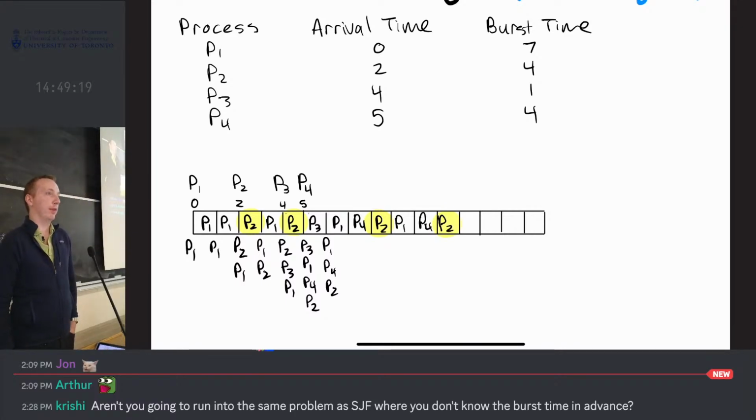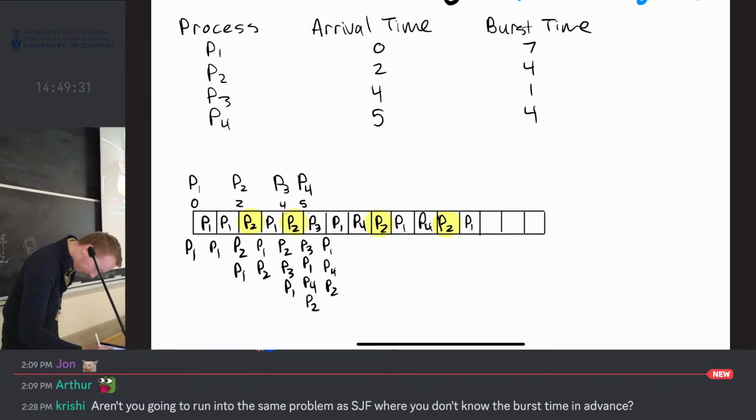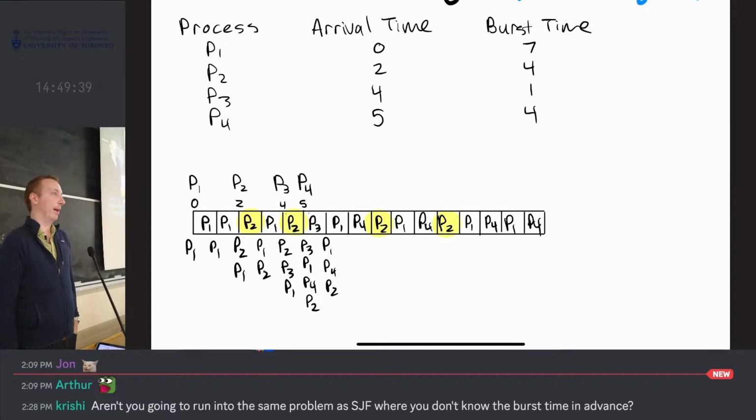So P2 is now done. It has been allotted its 4 time units, so it is good to go. Then we would have P1, P4, P1, P4. Yep, anyone disagree with me there?